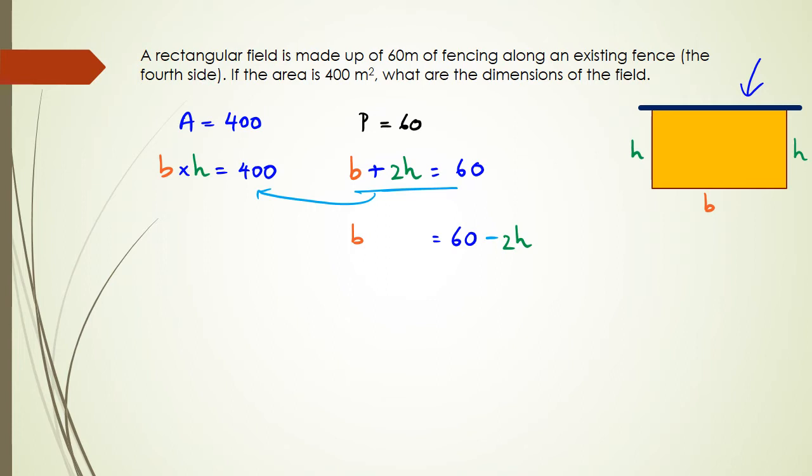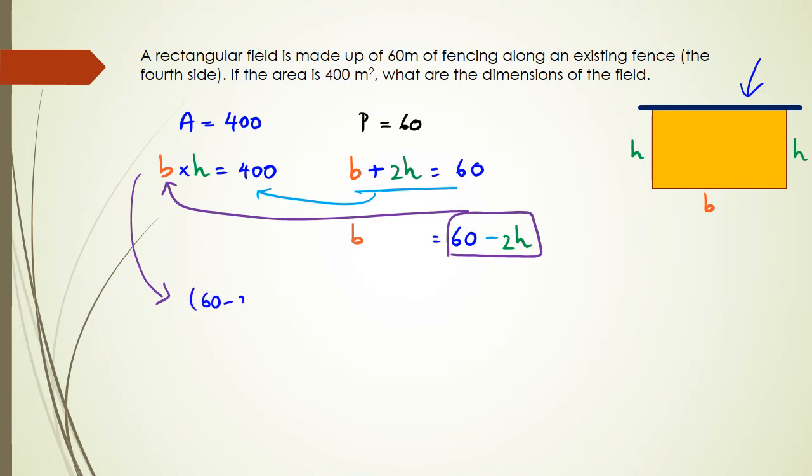So once I have base as 60 minus 2h, I could actually take this thing right here and substitute it instead of this b. So what ends up happening is I actually have, instead of that orange b letter, I could actually write 60 minus 2h multiplied by h is equal to 400, because remember, base times height is equal to 400. So now I need to expand the brackets.